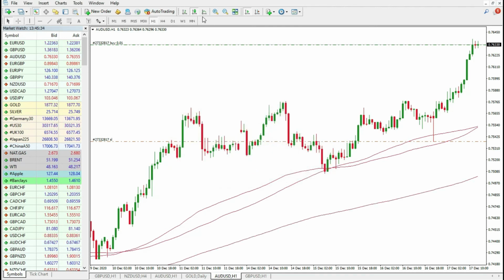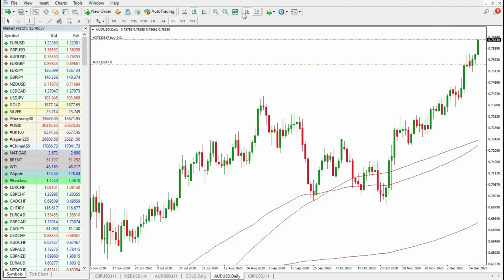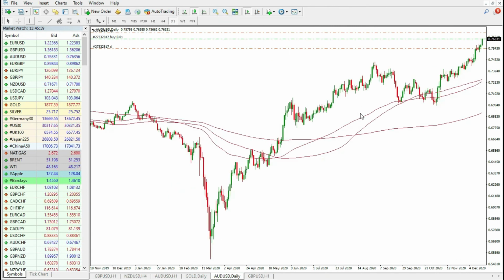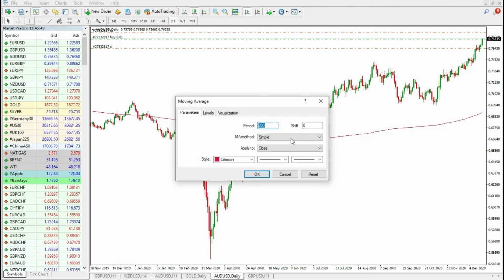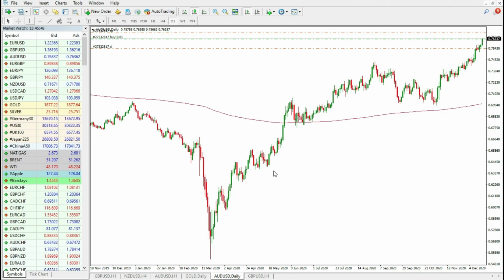As you can see, like we have 100. This is the simple moving average. For the smoothed, it's like this. And you can see that the simple moving average, exponential moving average, smoothed moving average, you can use various combinations.